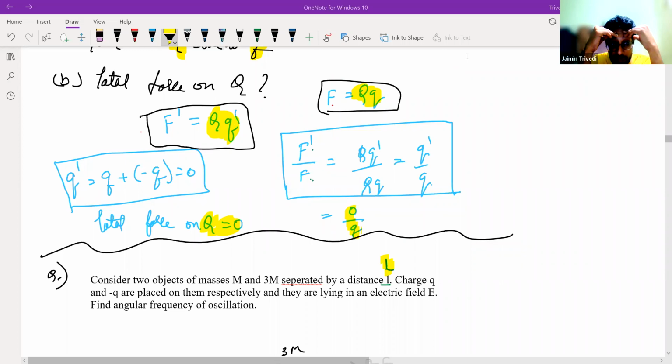They are lying. See of oscillation. Yeah, nice. This also, I think, NCERT equation maybe.